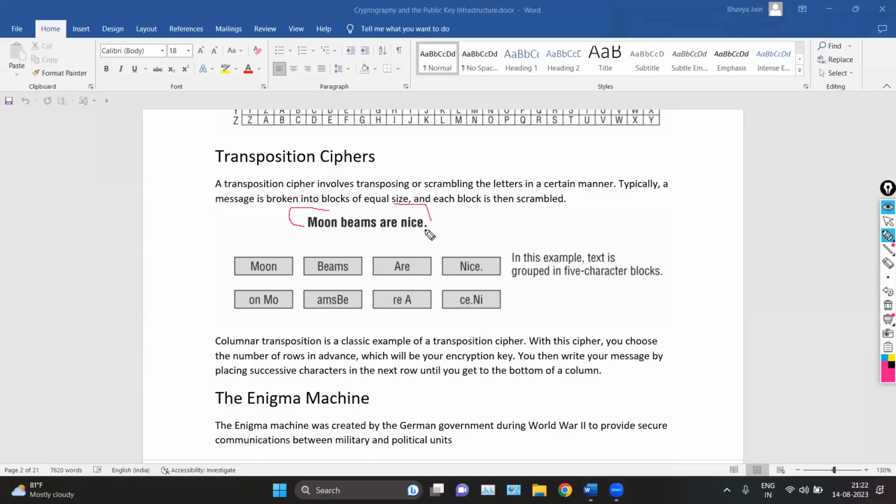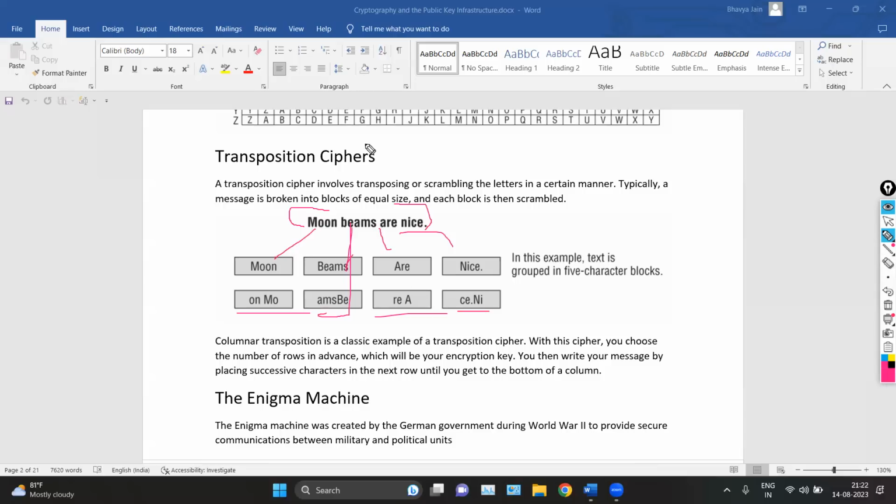Now you are dividing that statement into blocks: moon beam are nice, and then you are encrypting those blocks, converting your blocks into cipher text. This is known as block ciphers.